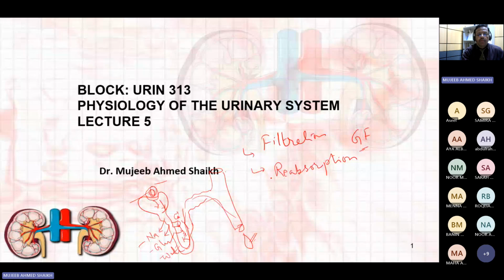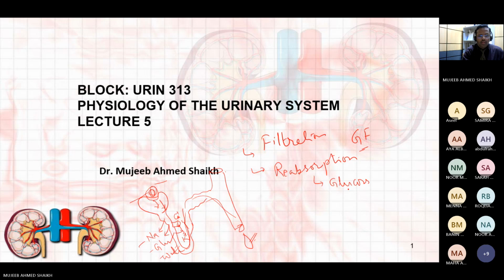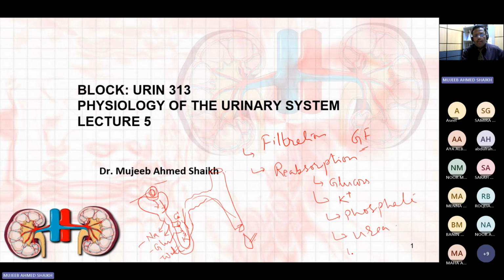In this class, we will be seeing reabsorption of glucose, reabsorption of potassium, reabsorption of phosphate, reabsorption of urea, and reabsorption of calcium. These are the things we will be covering in today's lecture.